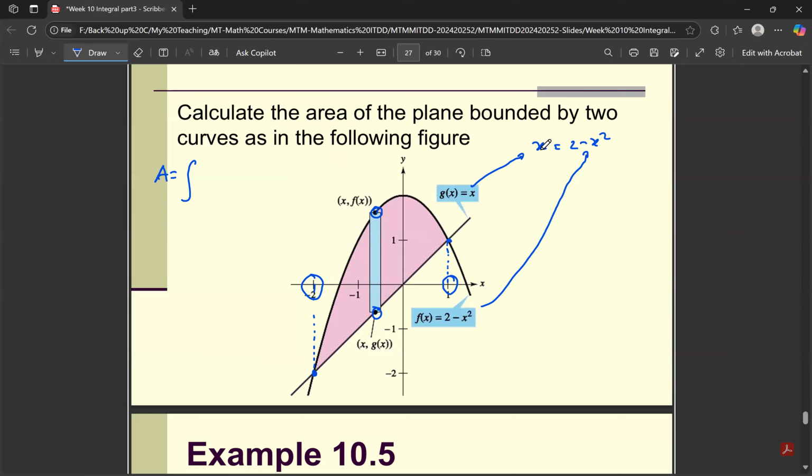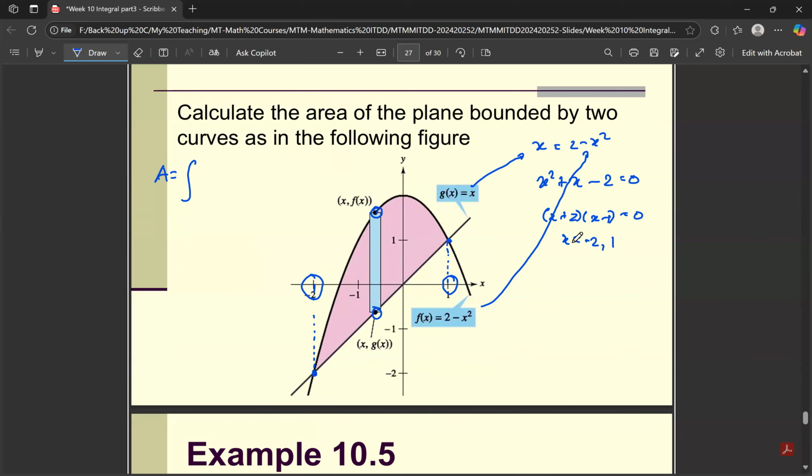Moving to the left, we have x squared plus x minus 2 equals 0. Factoring, we have (x plus 2)(x minus 1) equals 0. So the solution is x equals minus 2 and 1.